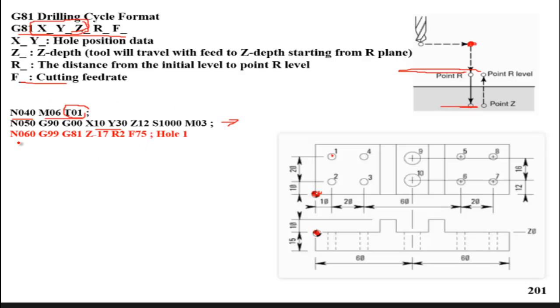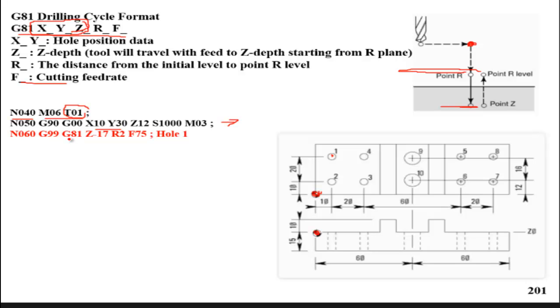The canned cycle starts at this block. It is one line. The canned cycle is located in one line, but X and Y were already prepared in the line before. Here we select G99 to retract the tool to the R level, not to the initial level.